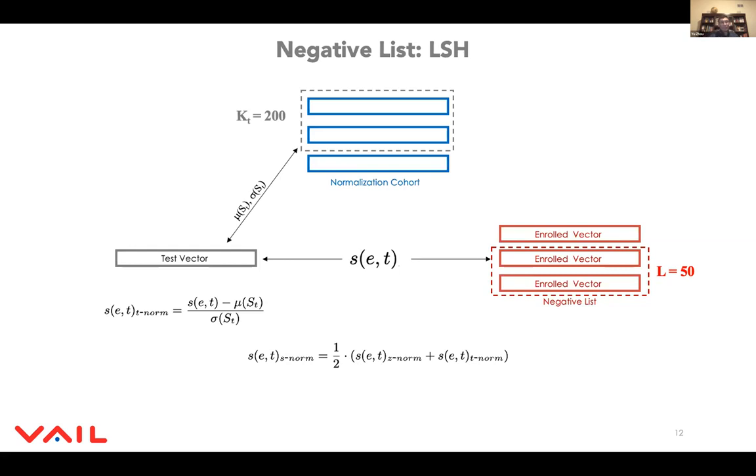In this example, we're using LSH to find only a set of 50 enrolled vectors out of many thousands in the negative list for the PLDA similarity score computation, and also only a set of 200 vectors in the normalization cohort out of many thousands for the PLDA computation as well.